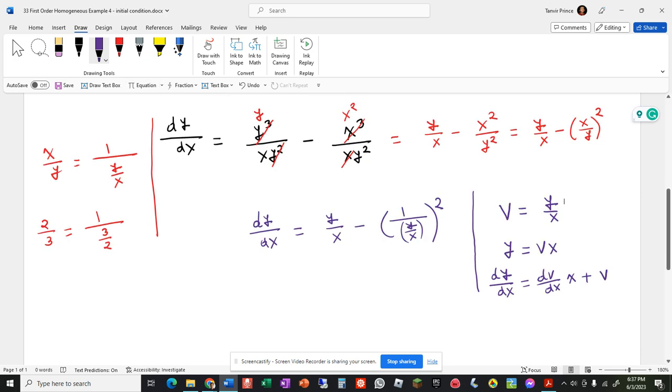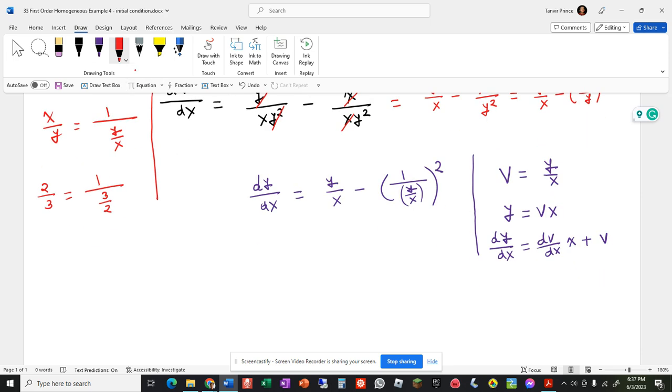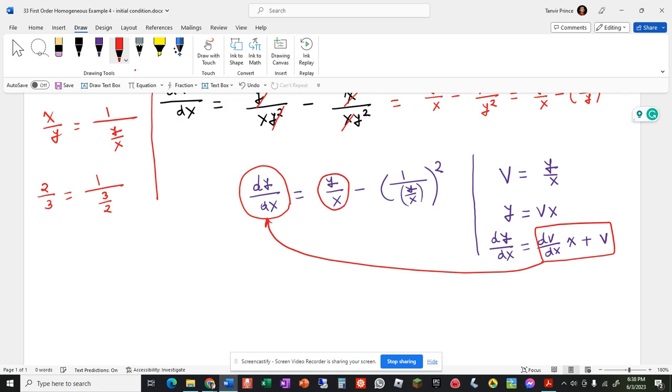So let's substitute. In place of dy/dx, of course, I'm going to substitute this. And in place of y over x, I'll substitute v. So let's see what I have now. dv/dx times x plus v equal to v minus 1 over v squared.